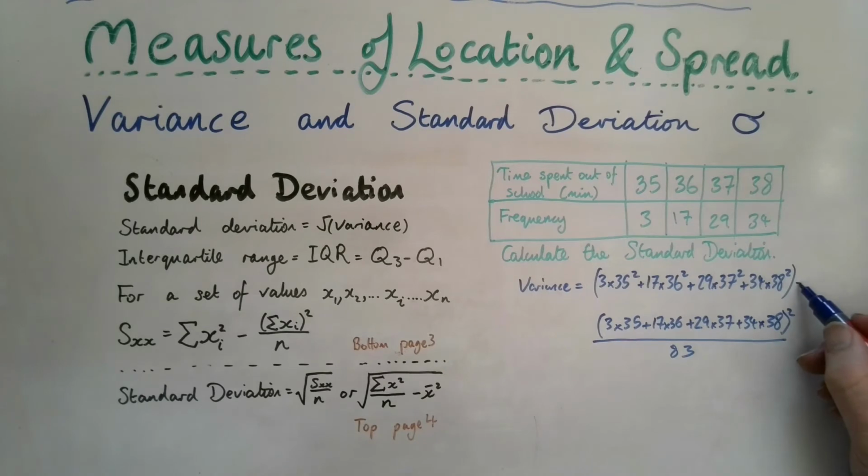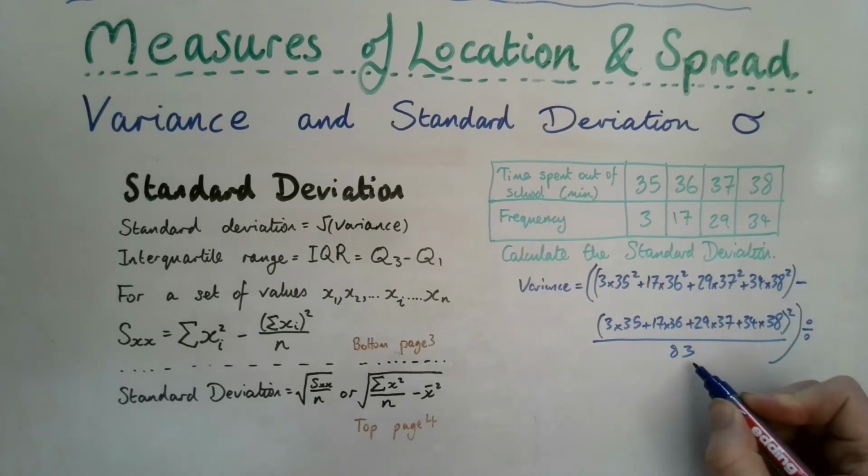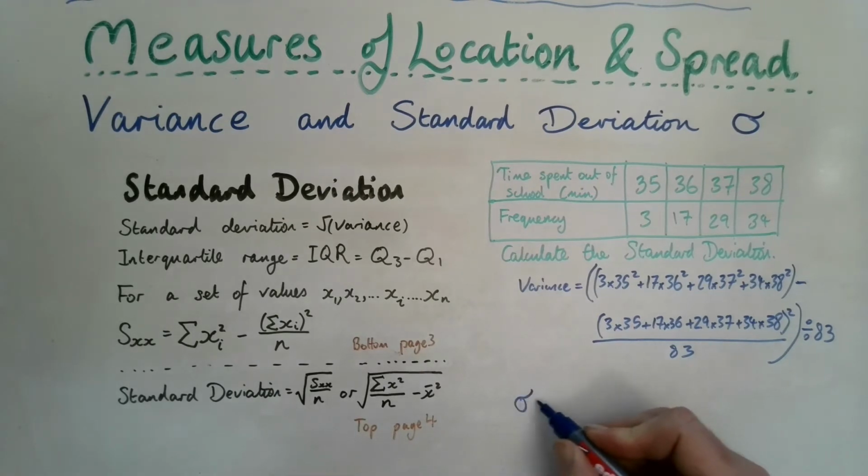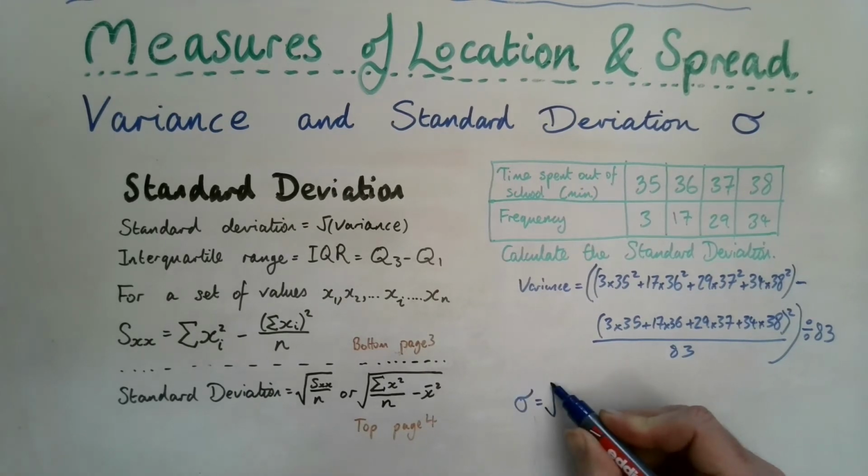Then once we've done all of that we need to divide all of that by how many data points we've got again, which is 83. Then the standard deviation is going to be the square root of that.